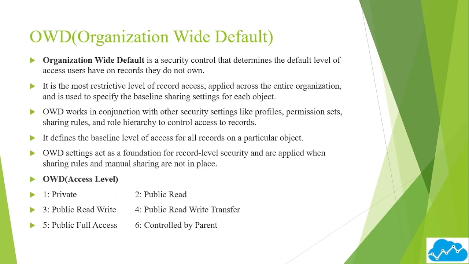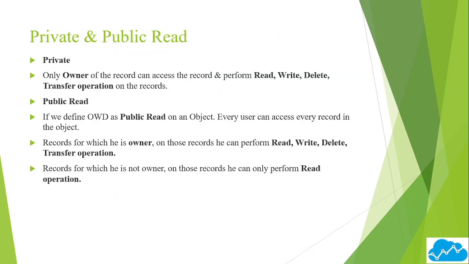The OWD access levels are categorized as private, public read only, public read write, public read write transfer, public full access, and controlled by parent. These all have their own meaning and perform different types of operations.